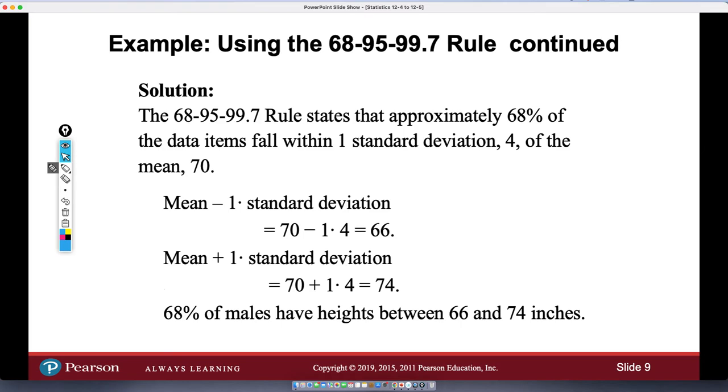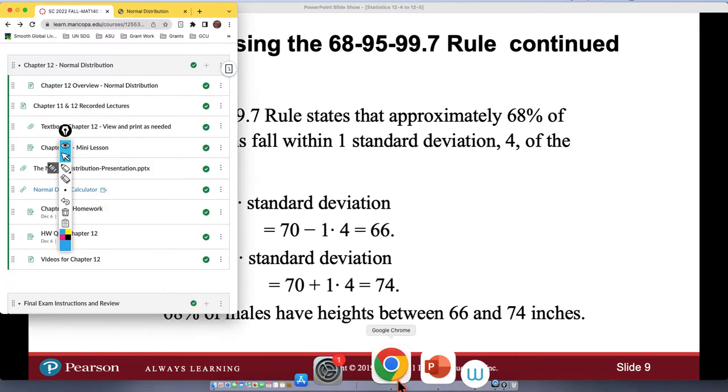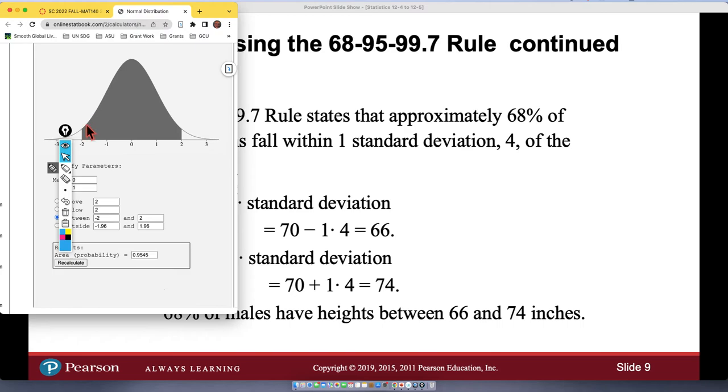And you're going to see the tool we have, the online calculator. Well, why not introduce it right now? I'll show you how that works. I just narrowed down the window, so I'm just seeing the calculator part.